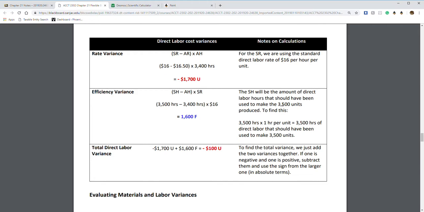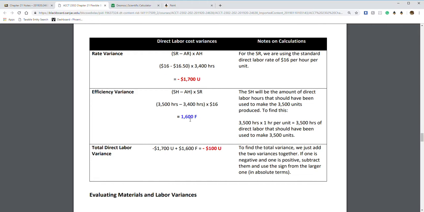Now, from there, we can see actual hours are actually under our standard. We have a favorable. Yay. So with the favorable right here, we find out basically 3,500 minus 3,400, which is 100, times 16 is 1,600. So we actually came out ahead on this one than what we were predicting.